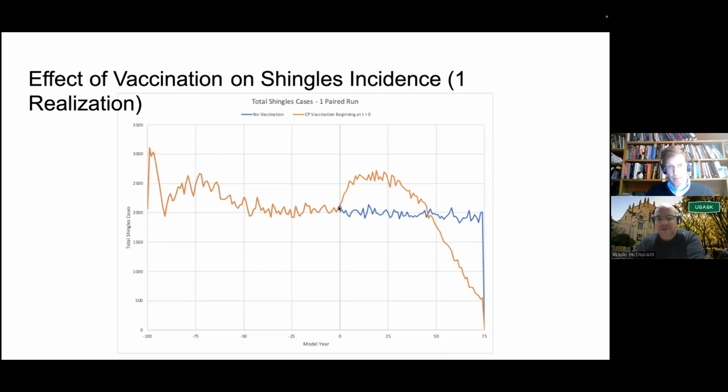Vaccination begins at time 0, and this represents one realization of a baseline and another realization of the intervention case. So we can see once vaccination is introduced, the paths diverge and there is an increase in shingles incidence for a period of about 30 to 35 years, followed by a steep decrease.